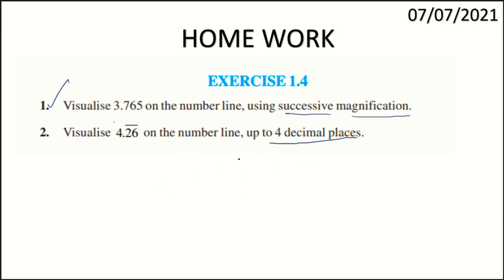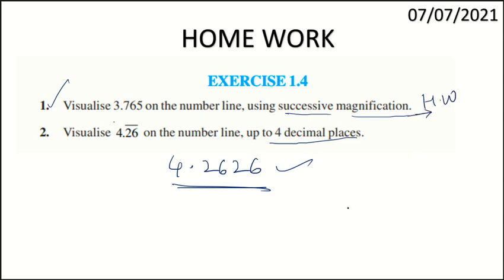So, what is 4.26 bar up to 4 decimal places? It is simple, 4.2626. I have already done this work for your help as one of the examples while I was explaining. So, you need to just do it in a notebook as I have already shown, and this is the extra one which you have to do as homework.